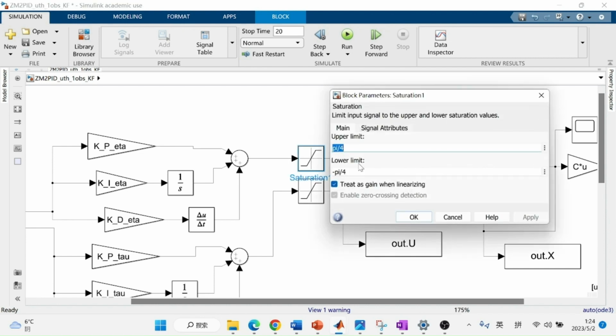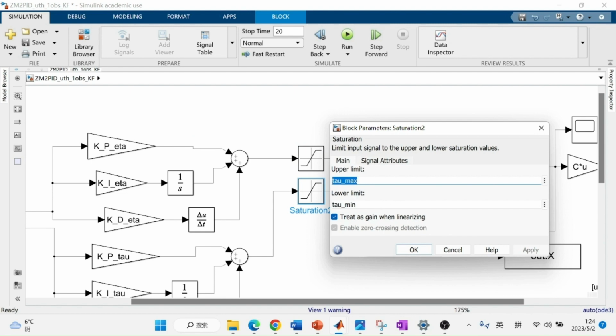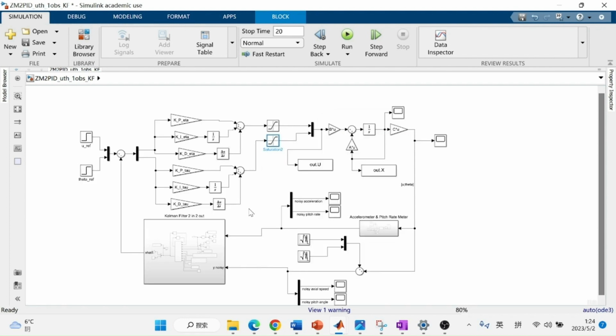For the elevator, it goes from negative pi over 4 to positive pi over 4 radians. For the engine, it goes from 0 newtons to 150,000 newtons.